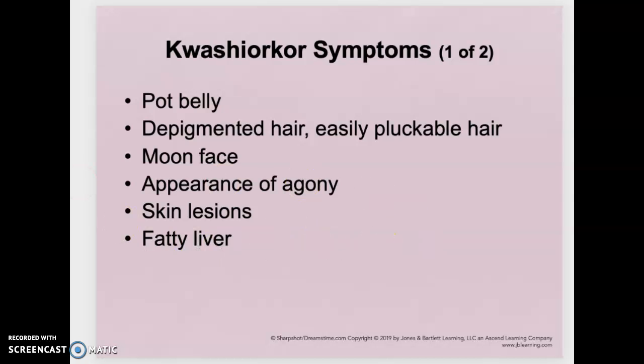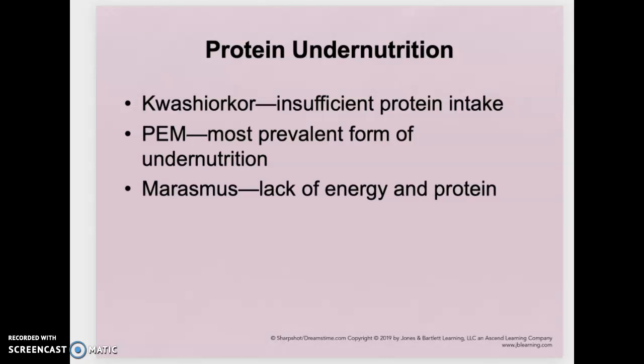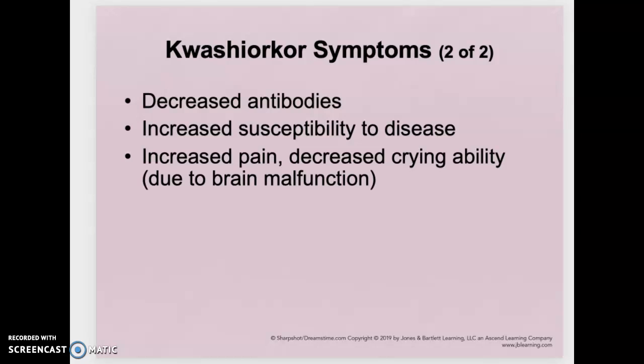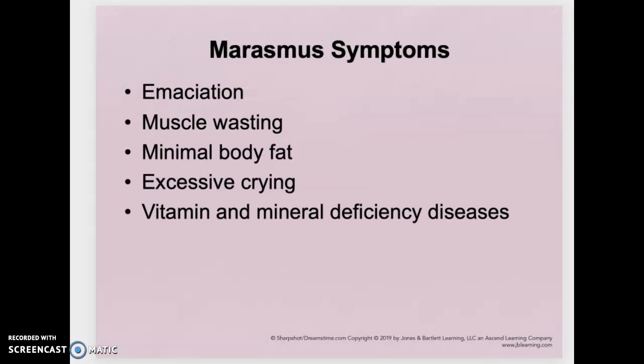So in kwashiorkor, which is an insufficient protein intake, we'll see this pot belly and this moon face, and partly that is because of that edema. Other signs are easily pluckable hair, hair that's not as colored as it used to be, skin lesions, and fatty liver, as well as these signs. And these are something that you'll learn too whenever you start doing the nutrition-focused physical exam.